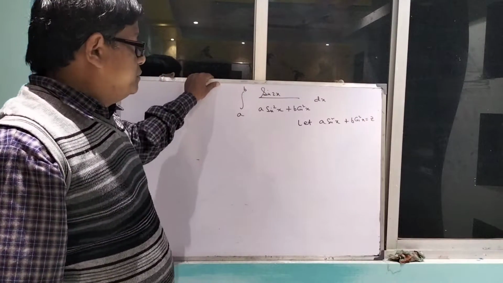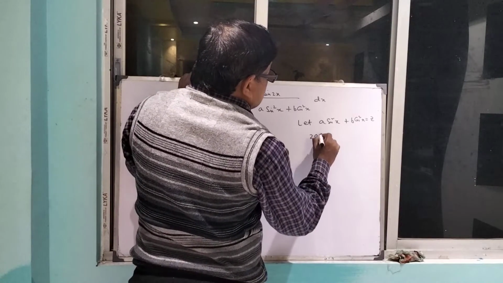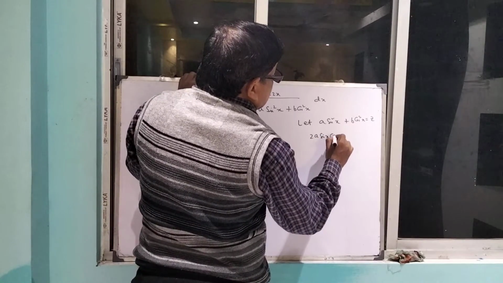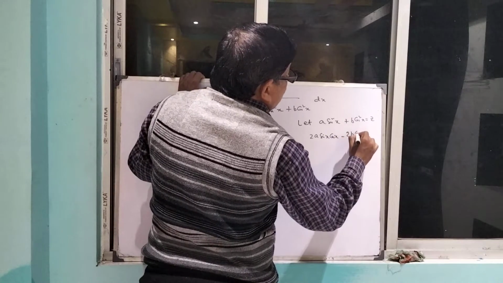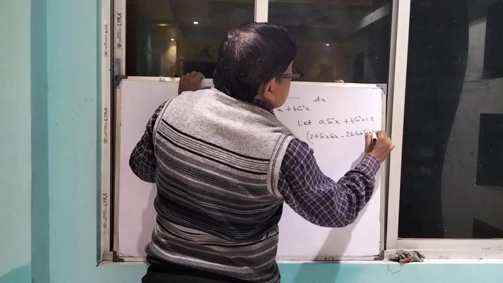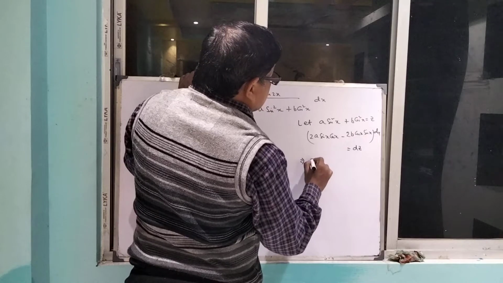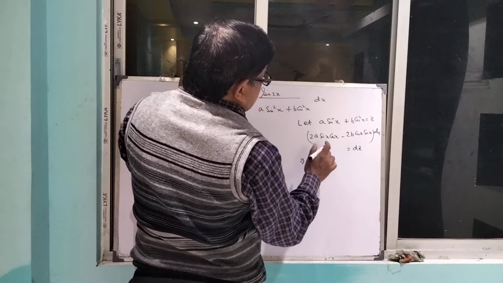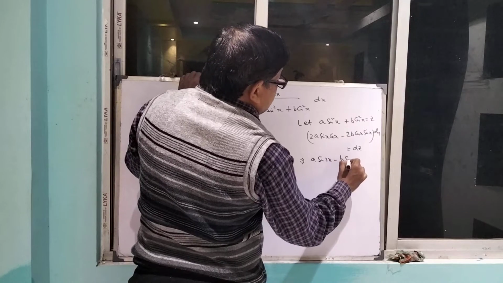Differentiating, we get 2a sin x cos x minus 2b cos x sin x, and d/dx of the whole thing gives dz. So a sin 2x minus b sin 2x.